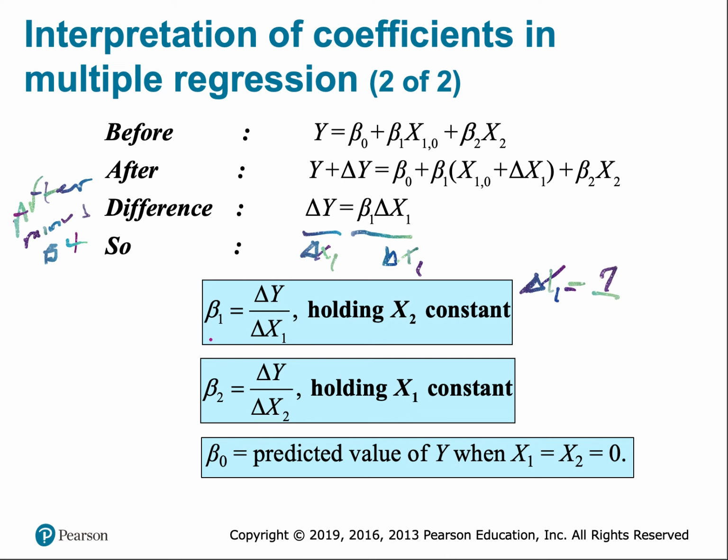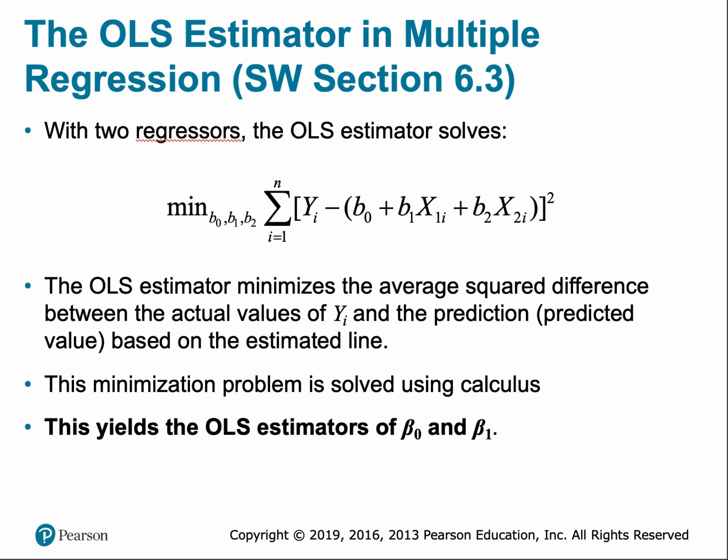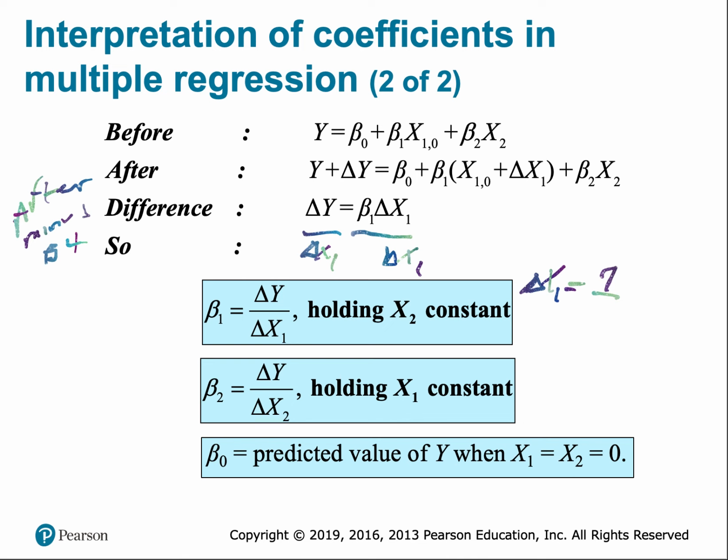And the same interpretation goes for beta 2. Beta 2 is the change in y given a change in x2 holding x1 constant. The value of the intercept is analogous to univariate regression. The value of the intercept is the predicted value of the outcome variable when both of our independent regressors are equal to 0.